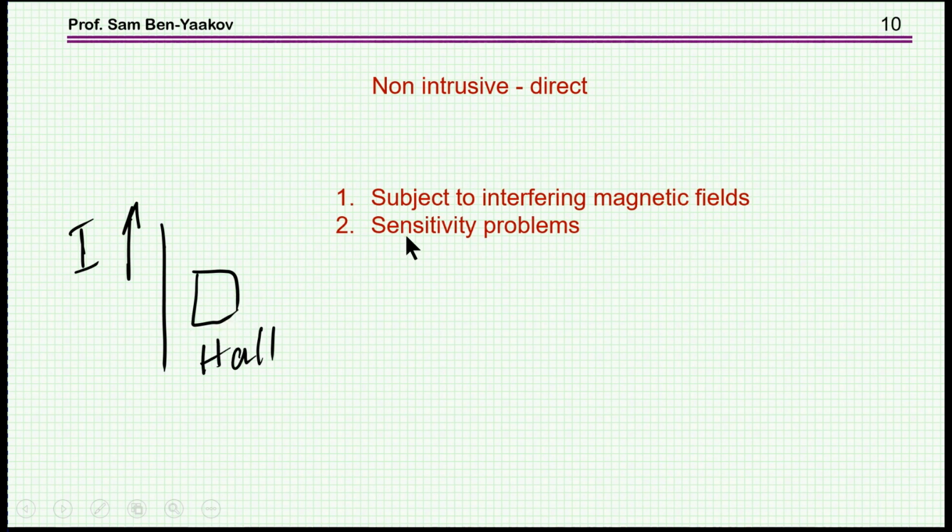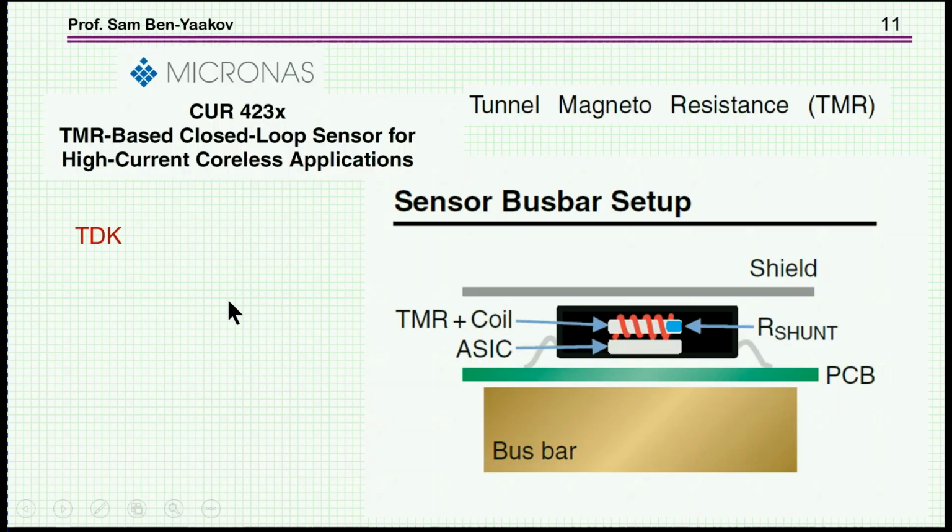There is also a sensitivity problem, as I've said, that the magnetic field you get, especially for low current, is very small. Having said that, let me just mention that the trend now is to go to this approach.